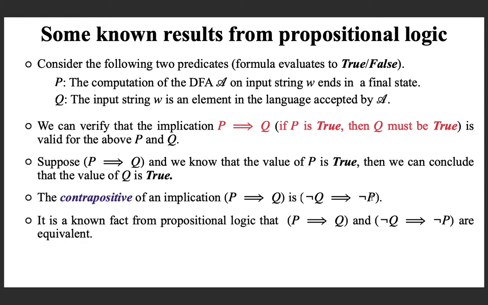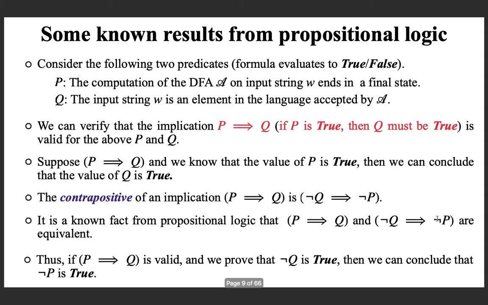And it is a known fact from propositional logic that an implication and its contrapositive are equivalent. Whenever P implies Q is true, negation Q implies negation P must be true, and vice versa.